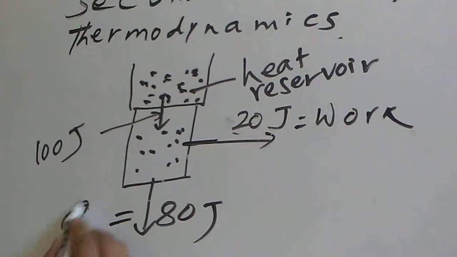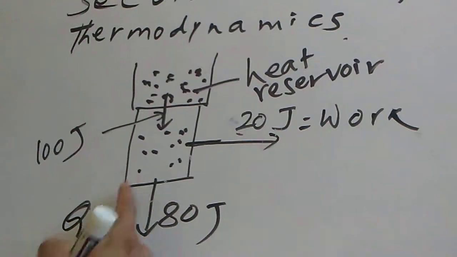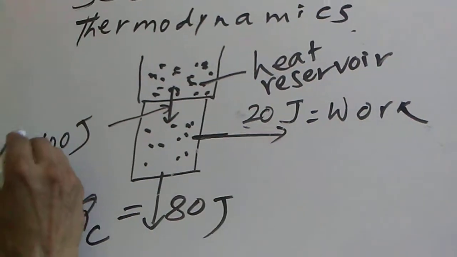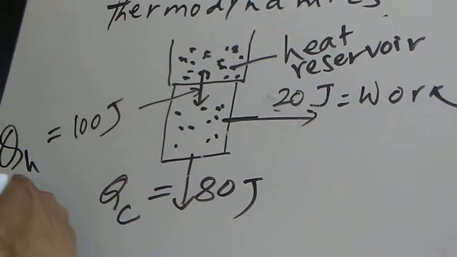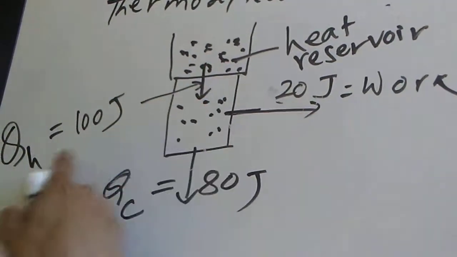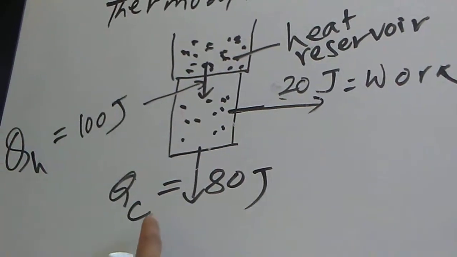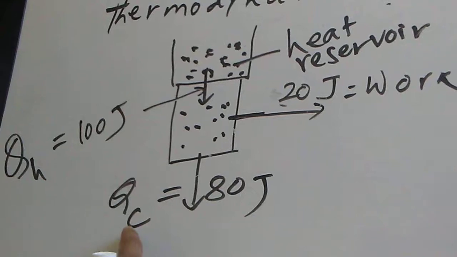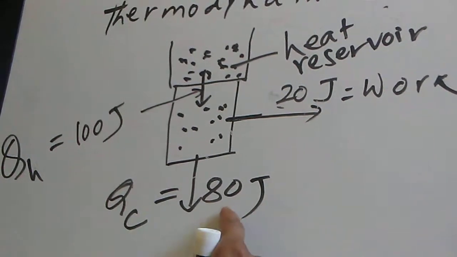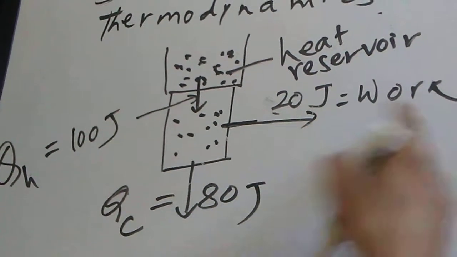We call this QC, the heat lost to the cold environment outside, and this is heat absorbed from the high temperature reservoir, which we call QH. The heat received is QH, that is 100 joules. The heat lost to the cold environment, QC, equals 80 joules, and 20 joules is converted into work.